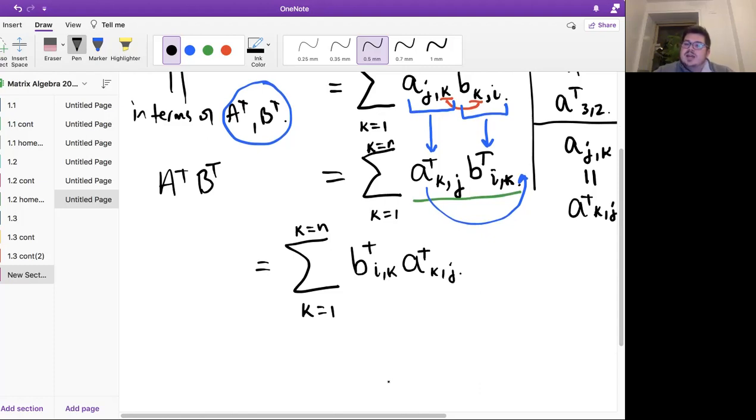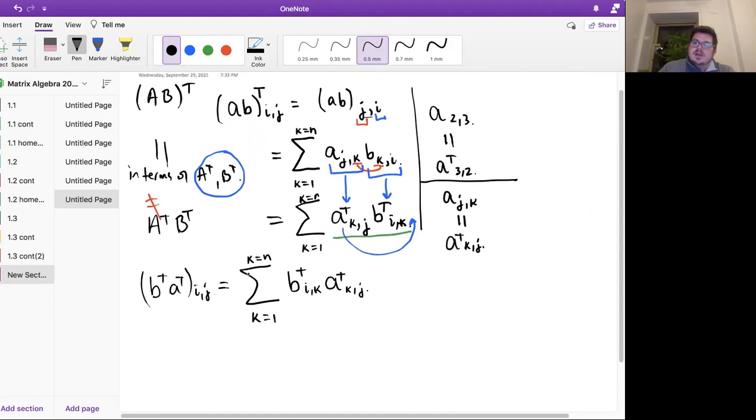So now is it okay? This is a matrix multiplication, right? What is it? It's the B transpose A transpose of IJ. So the AB transpose of IJ is the B transpose A transpose of IJ.